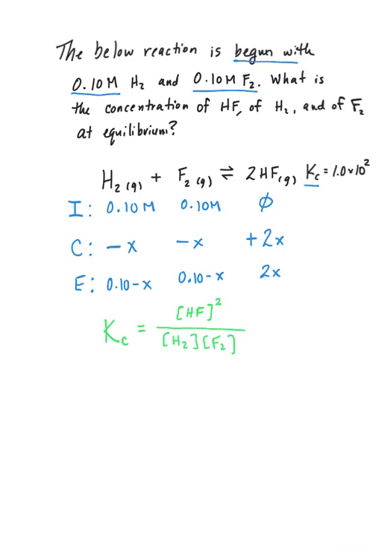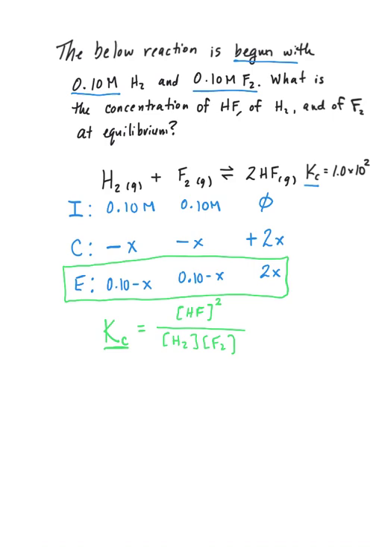Remember that an equilibrium constant is only applicable at equilibrium, and we have information about equilibrium in this ICE table right here. So, let's start plugging in this information and what we know about our equilibrium constant's value into the expression that we've written down below.